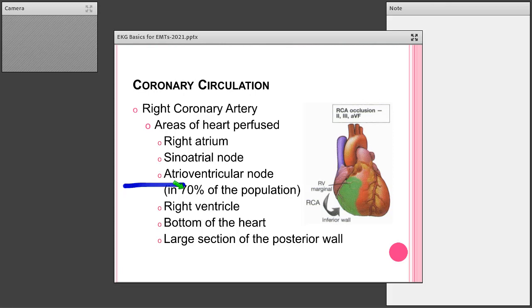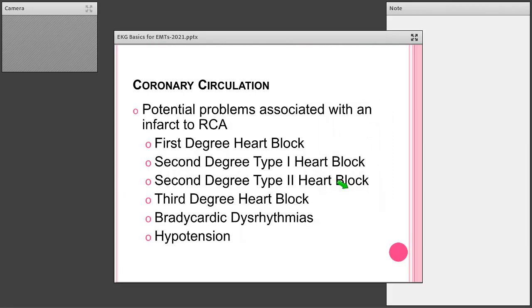So that past picture of that bad 12 lead, the person probably has a blockage of the right coronary artery. All right, so I mentioned they might have a slow heart rate, which could also lead to hypotension. They could have any of the heart blocks if they've got a problem with their right coronary artery.